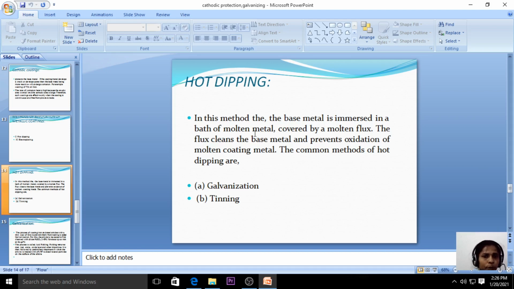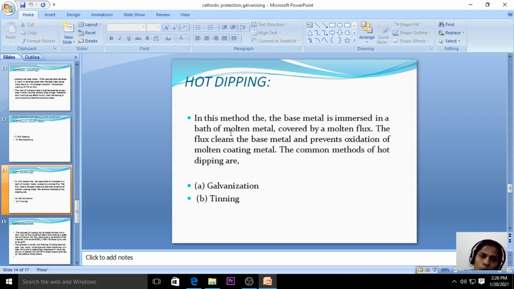In this method, the base metal is immersed in a bath of molten metal. So what we are doing here is coating a low melting metal on a high melting metal.